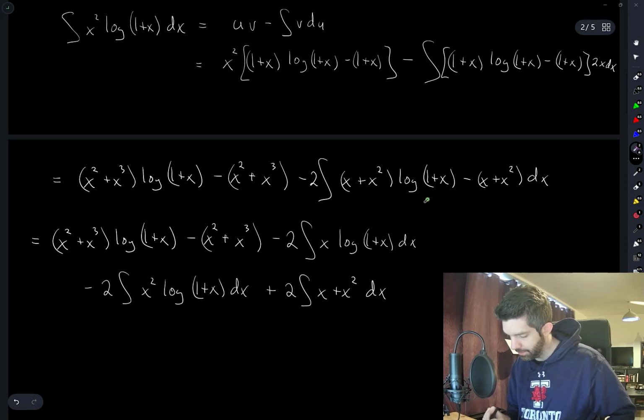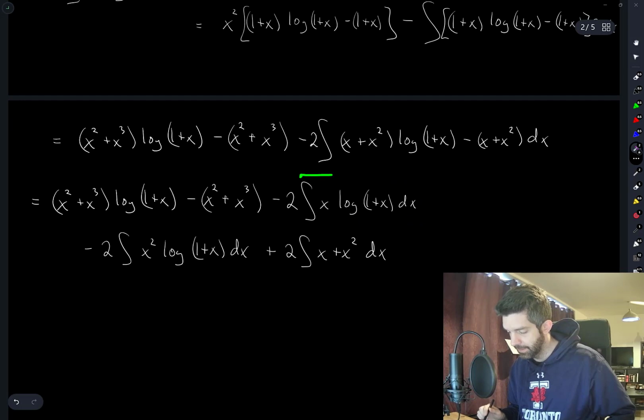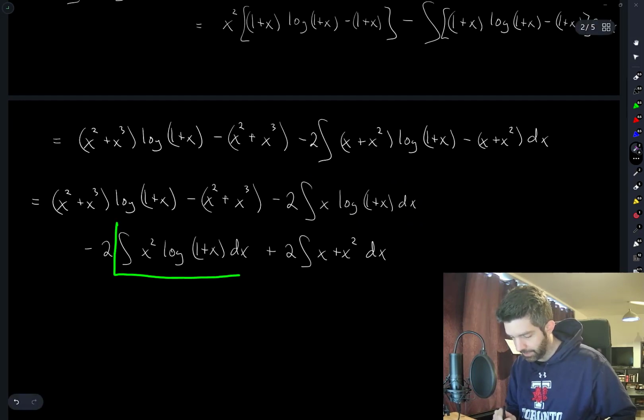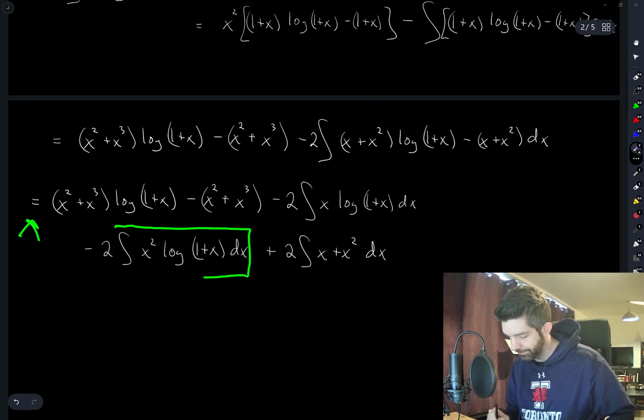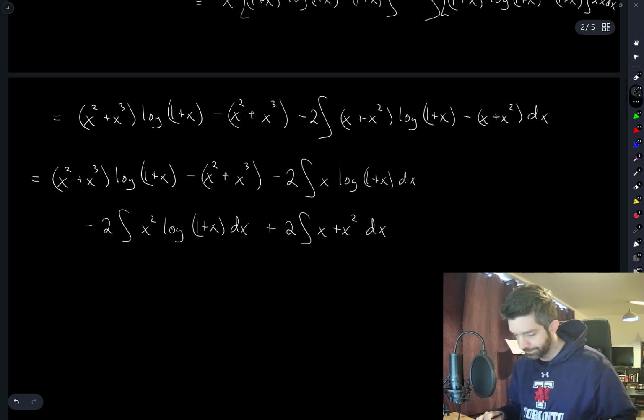And then what happens here when I expand things, this integral looks like it should be more straightforward to compute than the one I'm currently computing. We could probably do that one also by parts. And then this is the integral that I am computing, so I don't need to worry about that. I'm going to be able to bring that over to the other side of the equation. And this is something we can do pretty easily.